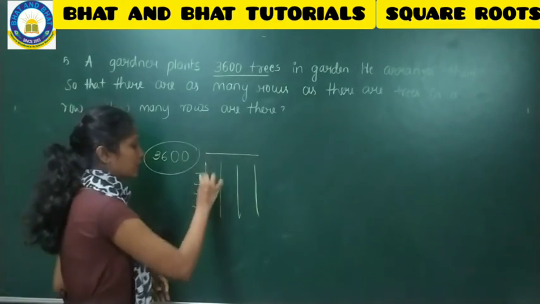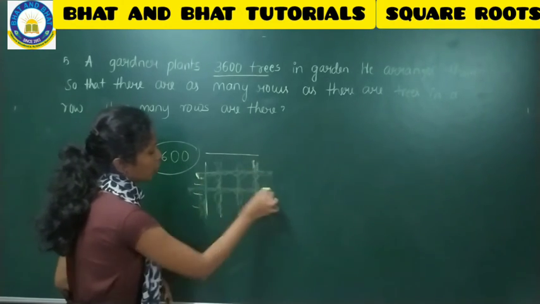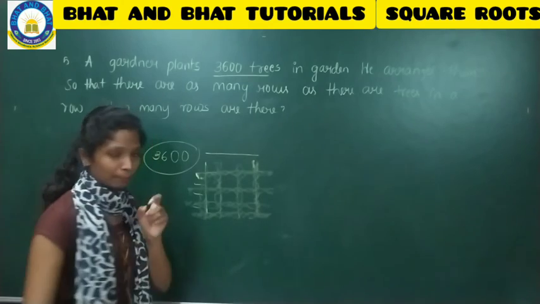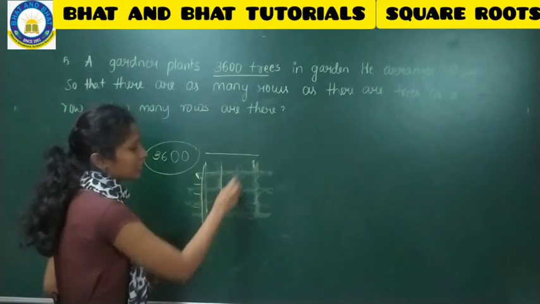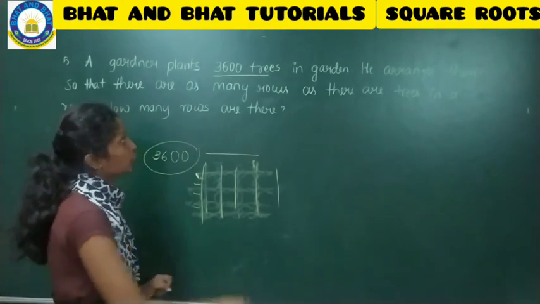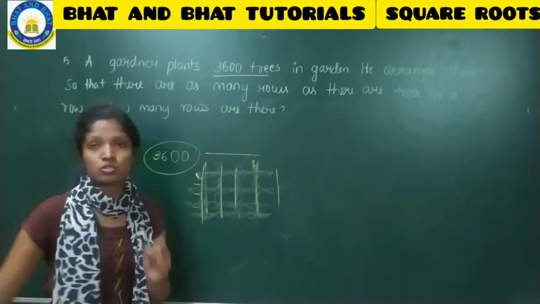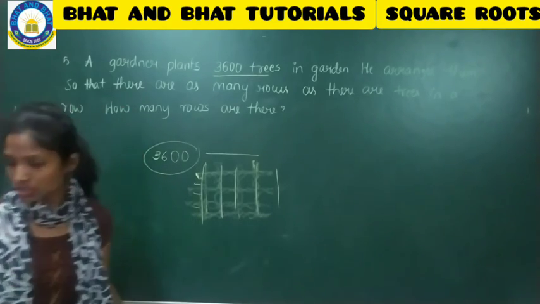That means if he is making 4 rows, in 4 rows there must be only 4 plants planted. So how many rows is he going to make to plant 3,600 plants? This is what your question is.